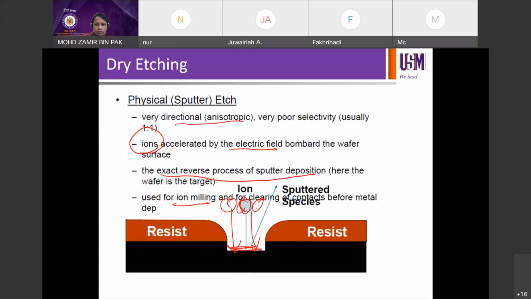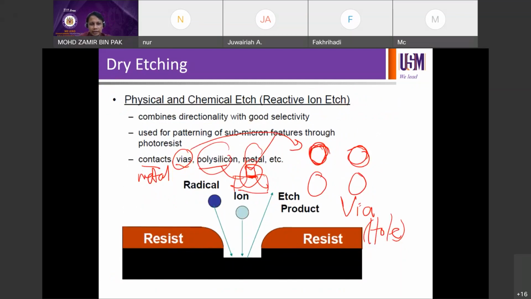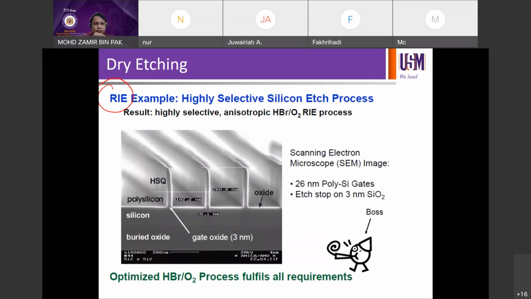RIE is under physical sputter etch, high directionality, highly anisotropic. RIE means reactive ion etch. This is one machine or process that we have under dry etching. Reactive ion etching, RIE, a highly selective and anisotropic process. You can etch silicon here.